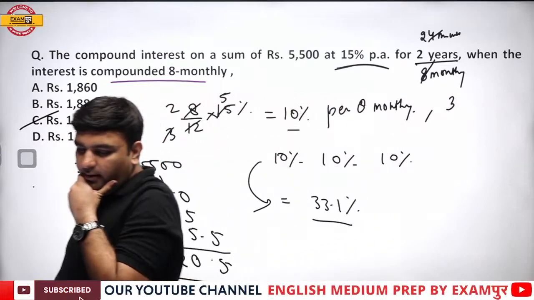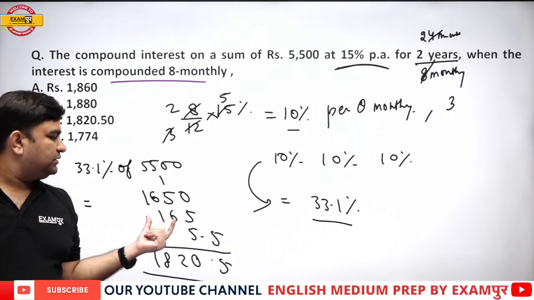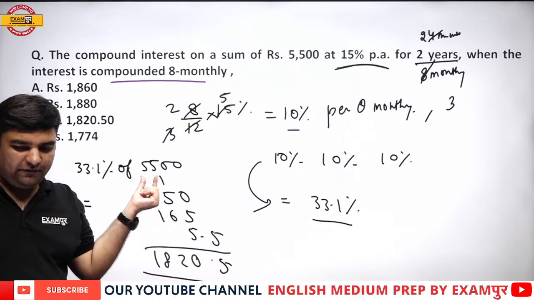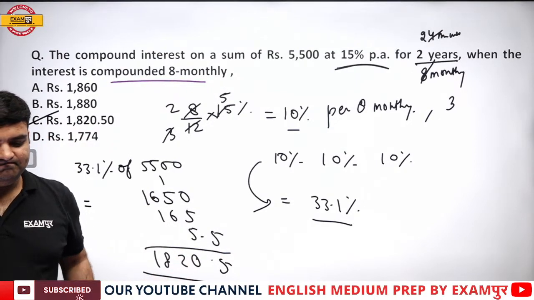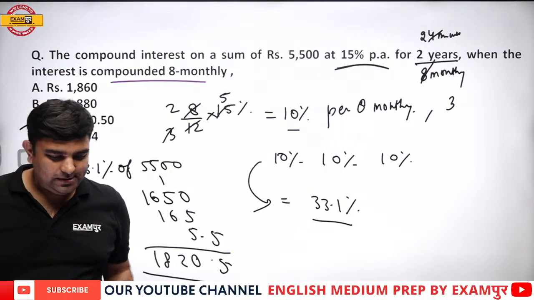Clear? 30% 1650, 3% 165, 1% 55, so 0.1% 5.5. Then we will do it.